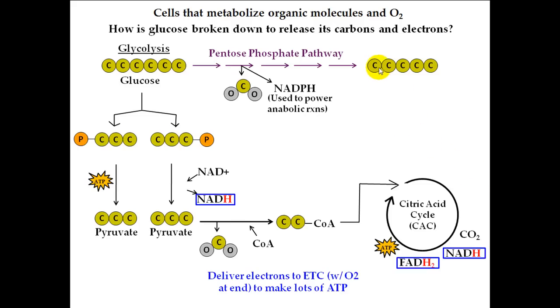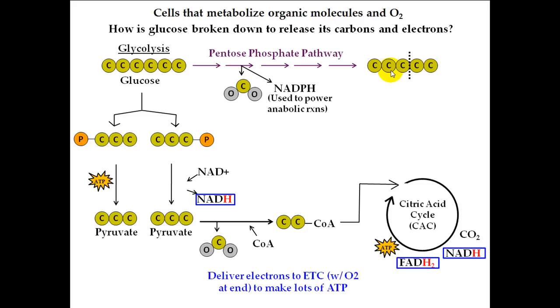Actually, coming back to this 5-carbon molecule, it's valuable for another reason too. Depending on what the cell needs at the time, it can do a couple of different things with it. It can either use it to make nucleotides, or it could break down this 5-carbon molecule to produce a 3-carbon molecule and a 2-carbon molecule.